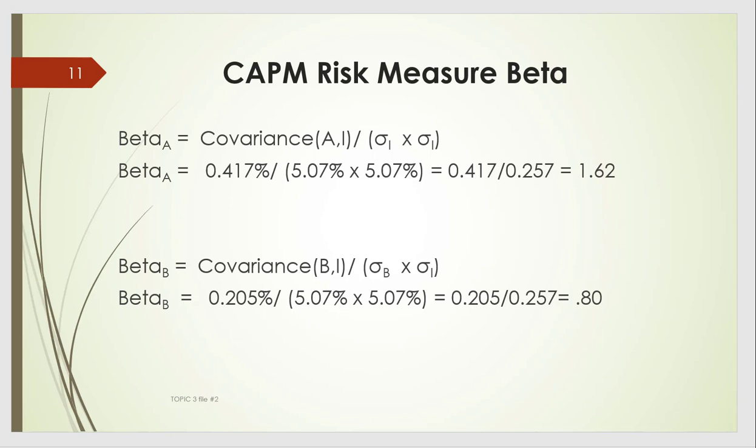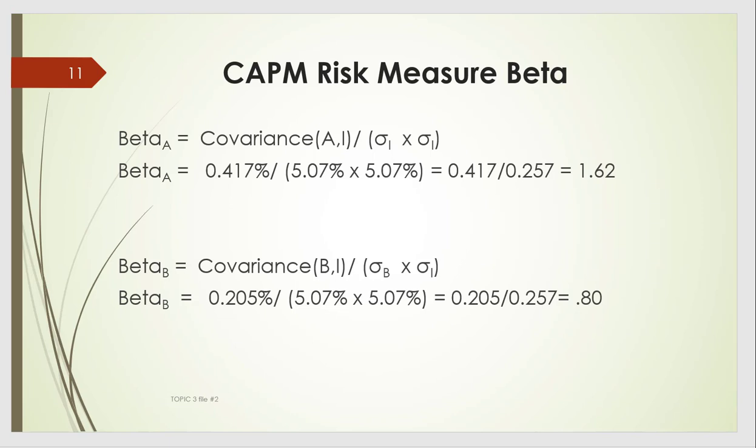Greater than 1, like 1.62, is much more risky than average. A beta of 0.8, like for B, is about 80% as risky as average. So you can see that they're vastly different relatively. All it means is when the index goes up, A moves by a lot, B moves by much less. When the market goes down, likewise, A moves down by a lot, B moves down by less.